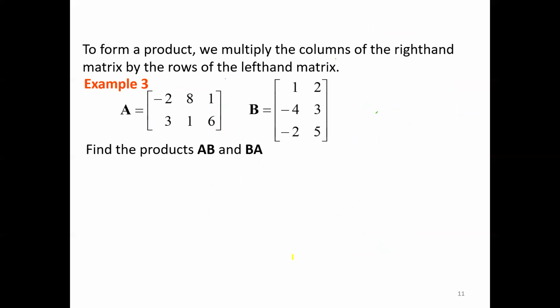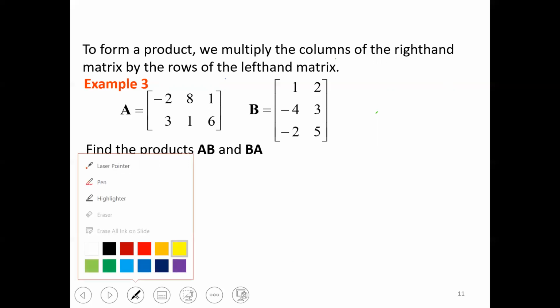So this is example 3. To form a product, we multiply the column of the right-hand matrix by the row of the left-hand matrix. This example is going to show us how to multiply the matrices. We have A here, which is 2 by 3, and B is 3 by 2.